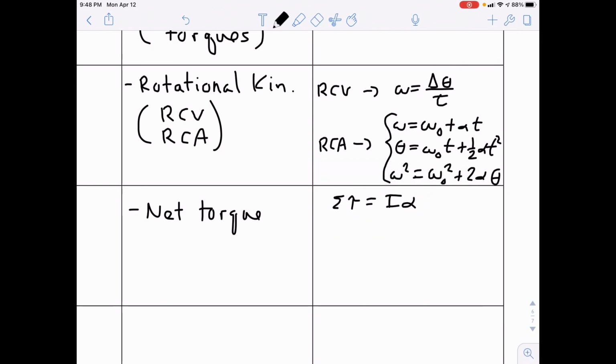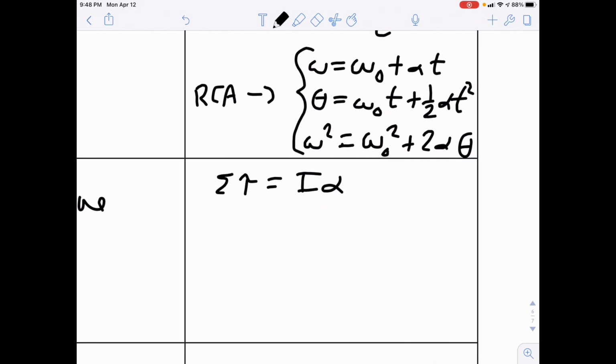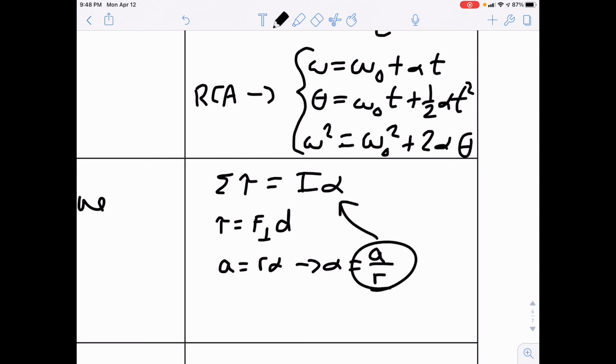Of course, in order to do this, you're also going to need the torque equation, which is perpendicular force times distance, but you're also going to need to substitute for alpha. Recall that the tangential acceleration A is equal to R alpha, which means alpha is equal to A over R. You will need to make that substitution right here.